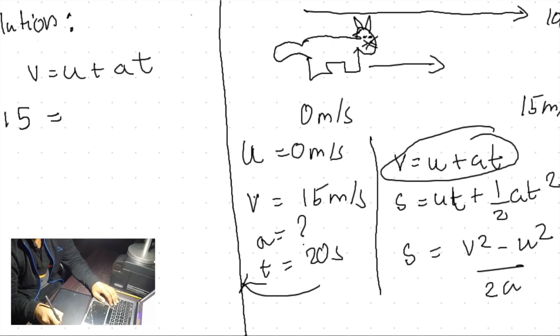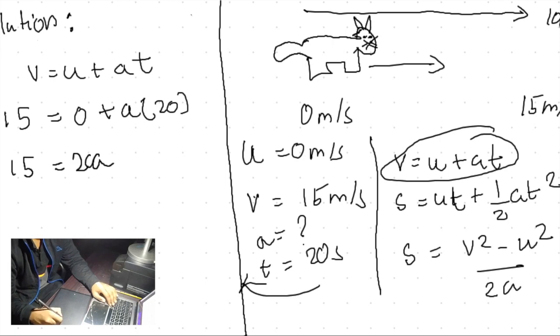And u is 0, so you can just cancel that out. Plus at, we don't know a, and the time is 20 seconds, so we can just put it as 20. So we need to find a, so we can just write that as 15 is equal to a of 20, or 20a.